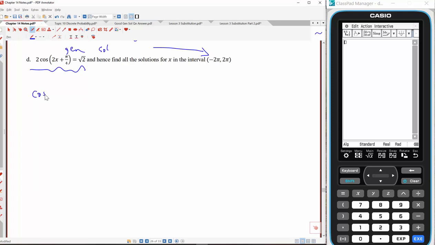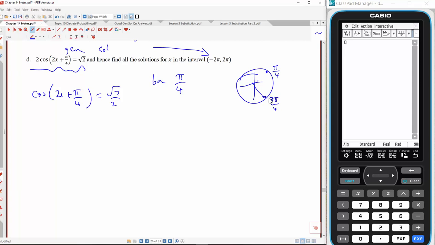So we're going to solve cosine of 2x plus pi on 4 equals root 2 on 2. That's going to be a base angle of pi on 4. So we've got pi on 4, and over here we're going to go with 7 pi on 4 being the other solution where we're root 2 on 2.